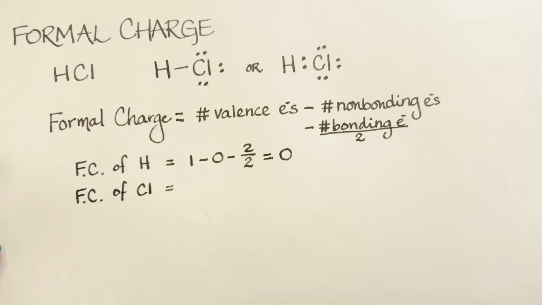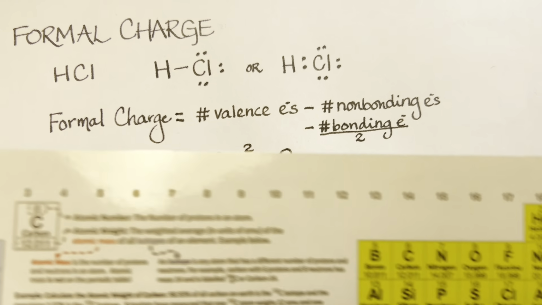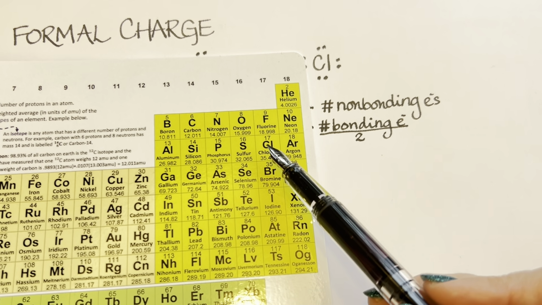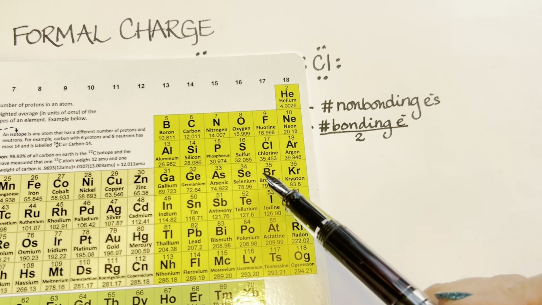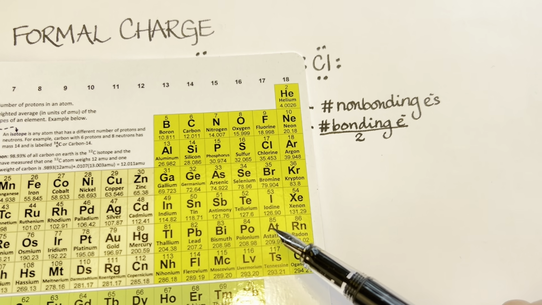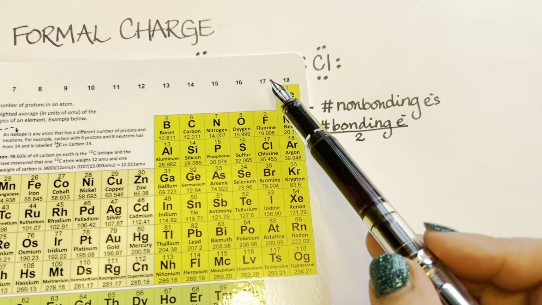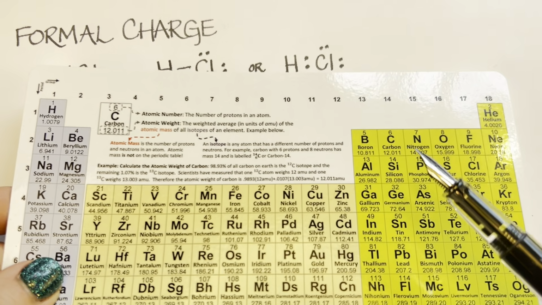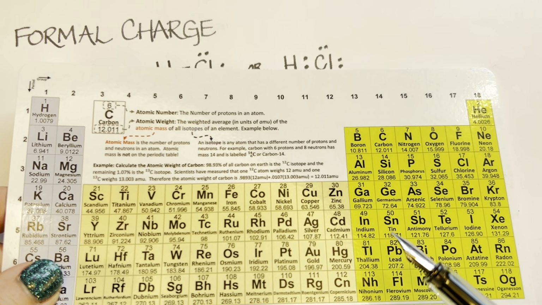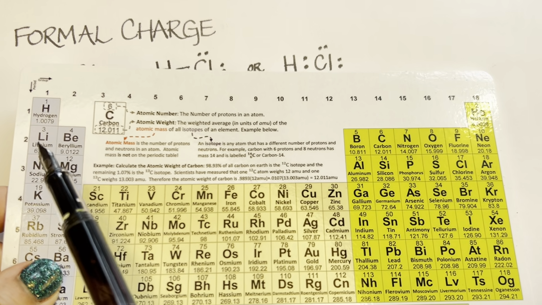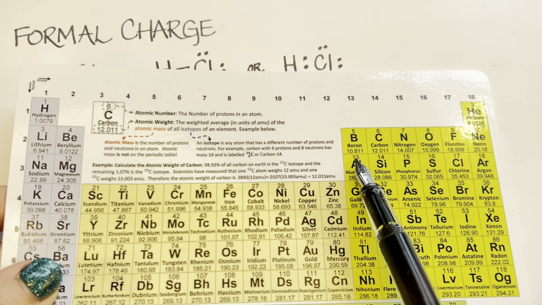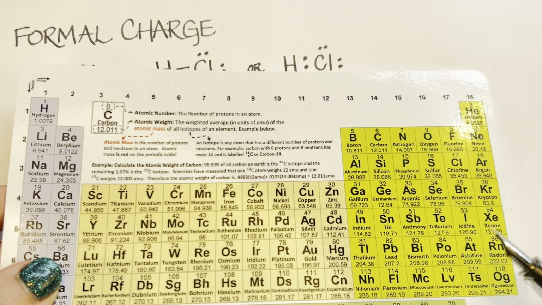All right, so we look again at our periodic table, and we see that chlorine is in group 7. It's a halide. On this periodic table, it's called group 17. But in terms of number of valence electrons, when we're creating our Lewis dot structures, it would be 1, 2, 3, 4, 5, 6, 7.